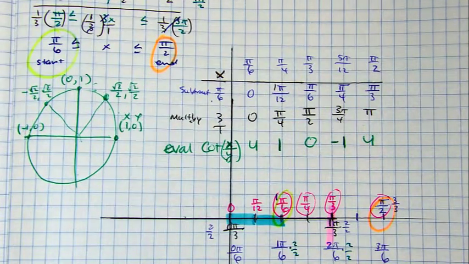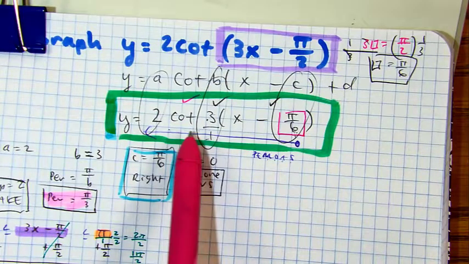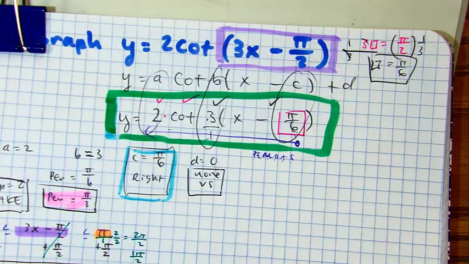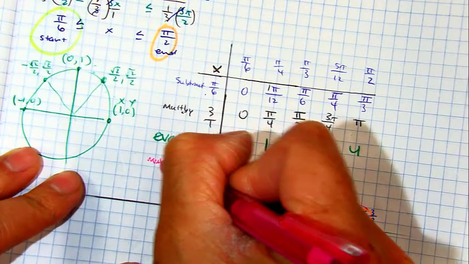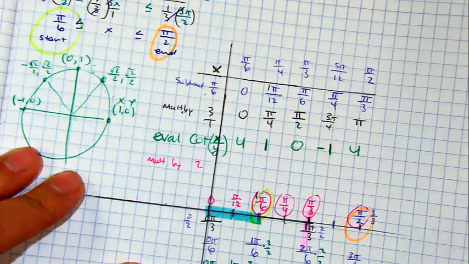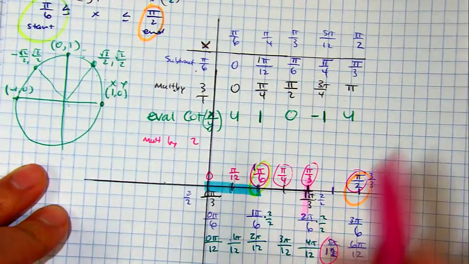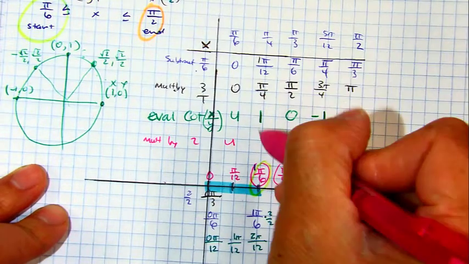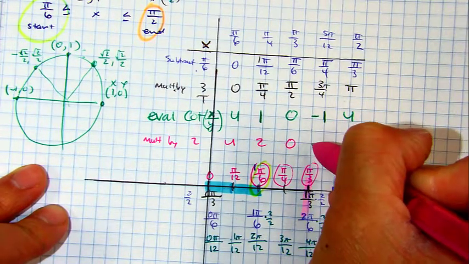And the last thing we need to do is add or multiply? Multiply by 2. Let's multiply by 2. 2 times undefined. 2 times 1.